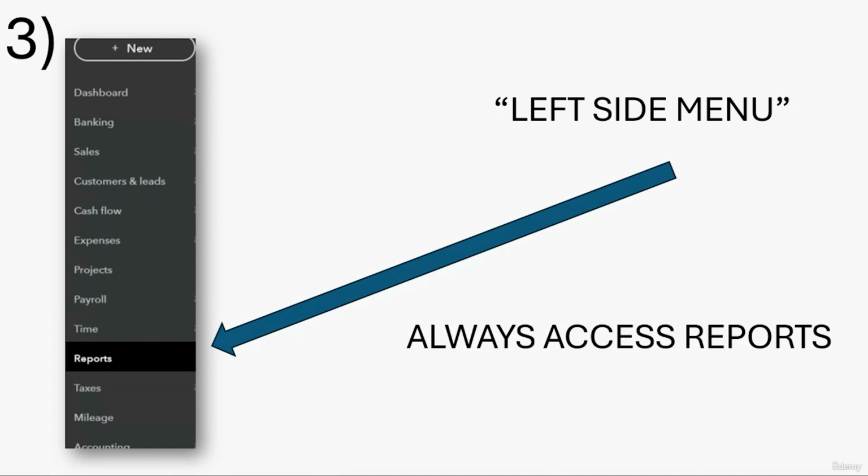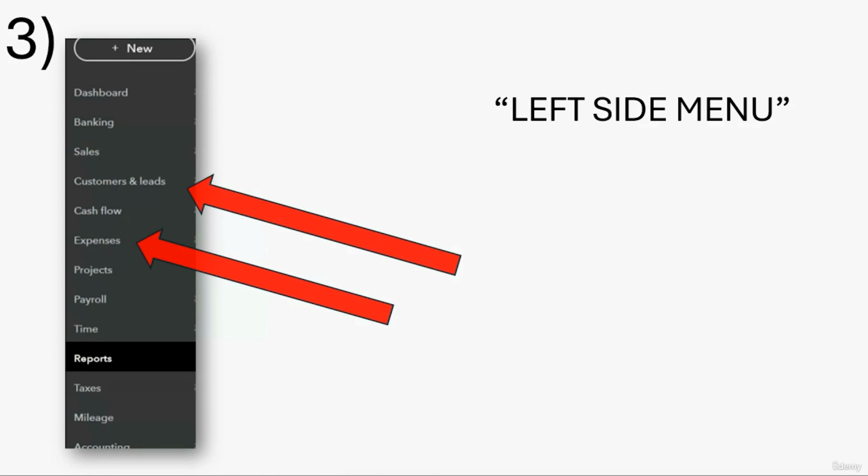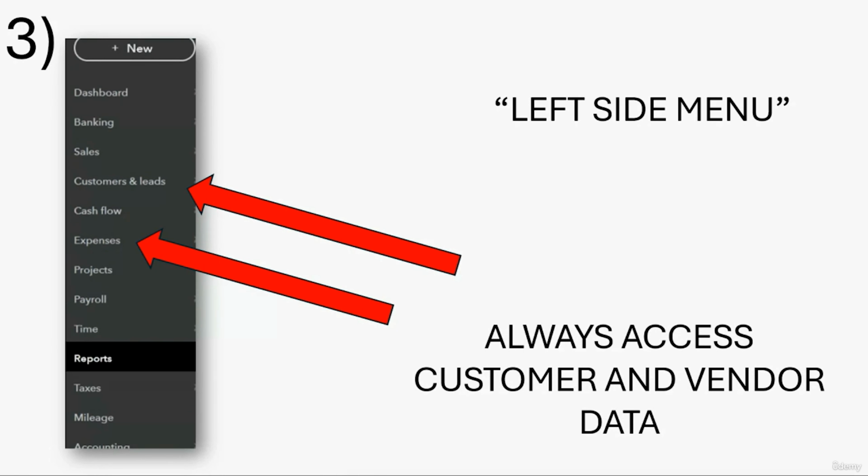And the reports are the most important part of QuickBooks Online because they are the results of the work that we do, and we need to make them correct. You will also be able to access customer and vendor data, like the permanent information for your customers, their name, address, phone number, or any special notes that you'd like to keep for your long-term customers and vendors.